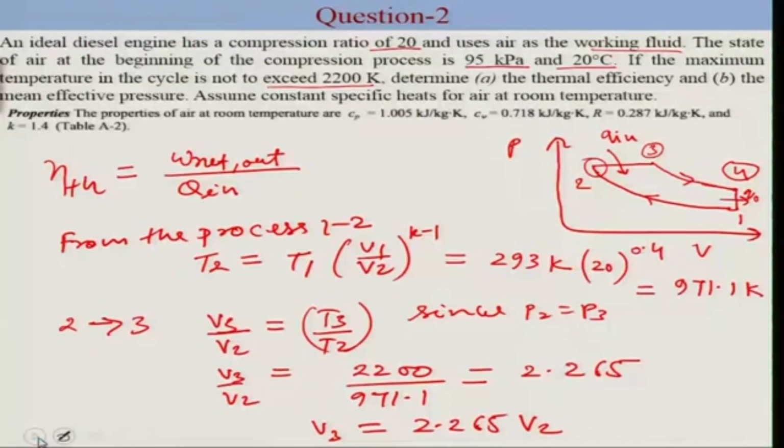So now at constant pressure, heat is going into the cycle, which is Q in equal to the change in enthalpy, h3 minus h2. Since this is a constant pressure process, this will be equal to Cp times T3 minus T2.